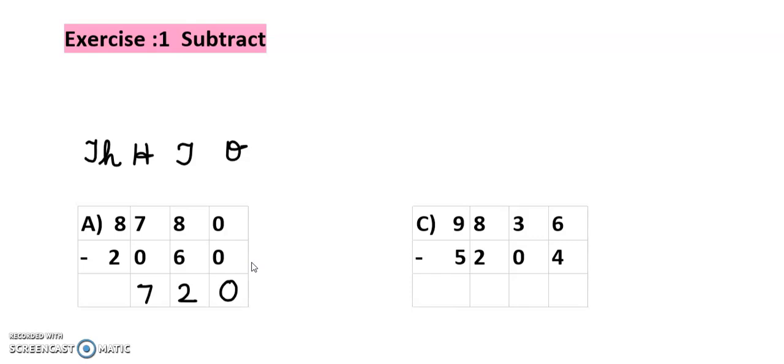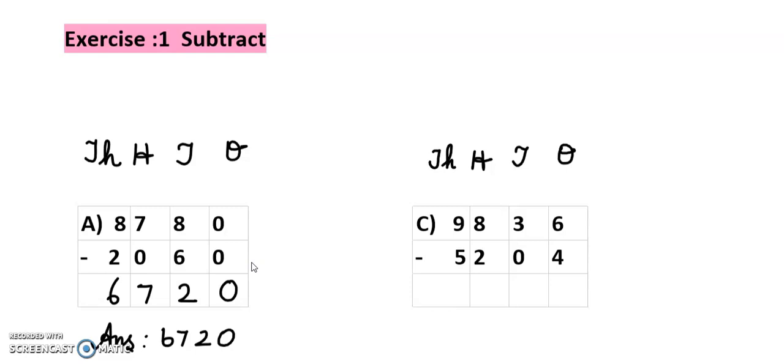Okay. So 2 after 3, 4, 5, 6, 7, 8. So what is the answer? 6. So the answer is 6720.